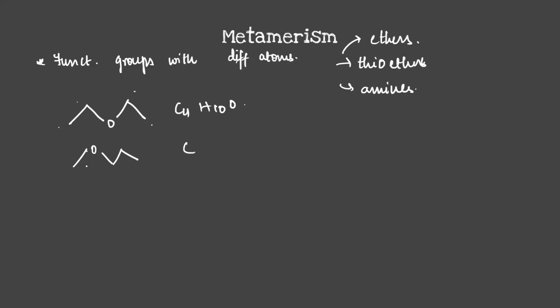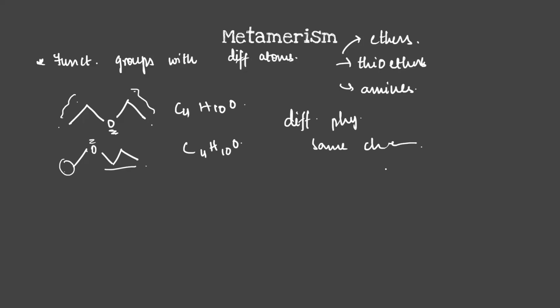Check here, you have C4, hydrogens 3, 3, 6, 4, H10O. Now here you have two carbon atoms on either side of this oxygen. But here you have one on one side and three on the other side. So these are called metamers. They have different physical properties, but the same chemical properties.